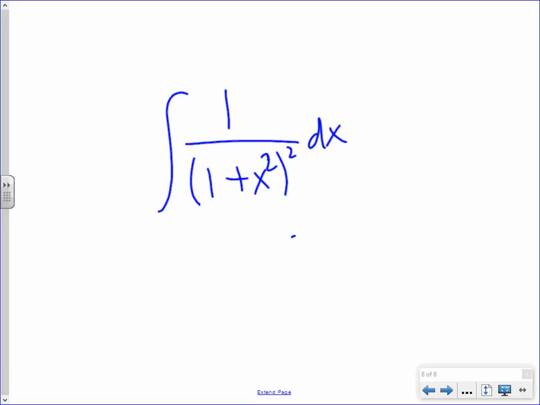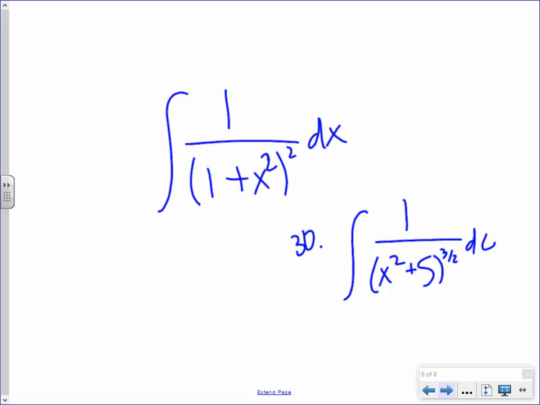If you look at number 30, x squared plus 5 is being raised to the 3/2 power. You can still use tangent trig substitution here. Is tangent the only one you can do this for?